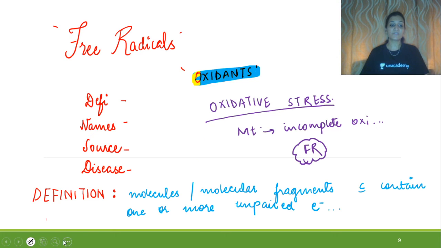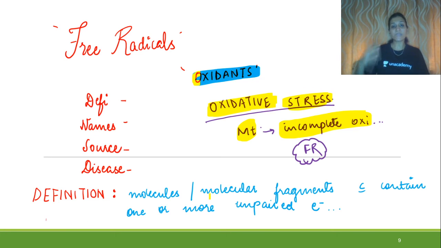So oxidative stress affects the mitochondria, which leads to incomplete oxidation, and because of that the free radicals are produced, right? Whenever the mitochondria is under any kind of stress, it will release the free radicals.